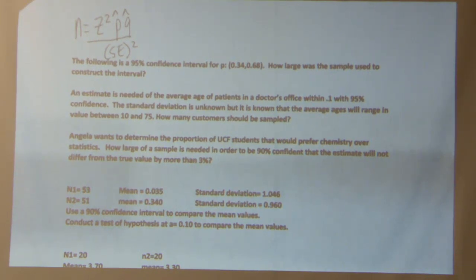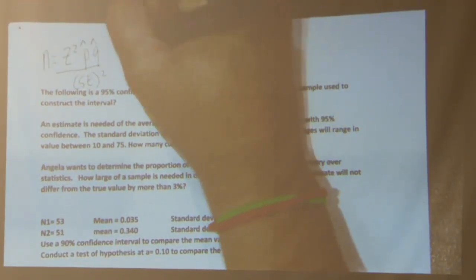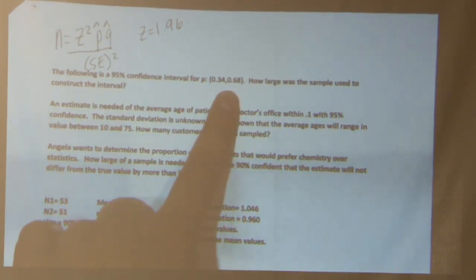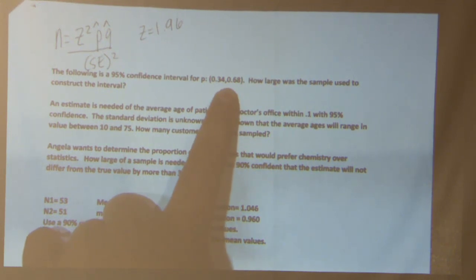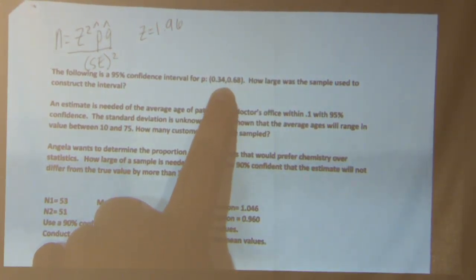So since we have a 95% confidence interval, our Z is going to be equal to 1.96. And how we find our P hat in here is we're going to take these two values, add them together, and divide in half.